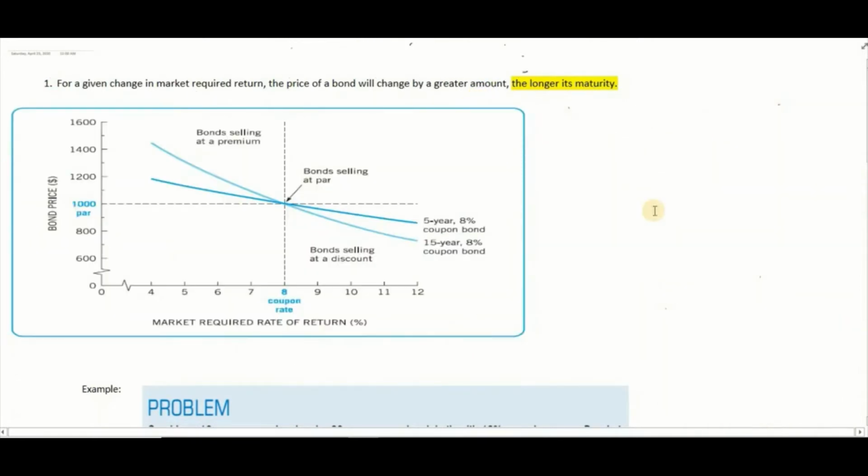Now the next question is, we understand now that there is an inverse relationship between the price and yield to maturity, or the market interest rate. So let's reverse the situation now. Again, this bond is giving you 7%, par value is 1000 and it is for 10 years.